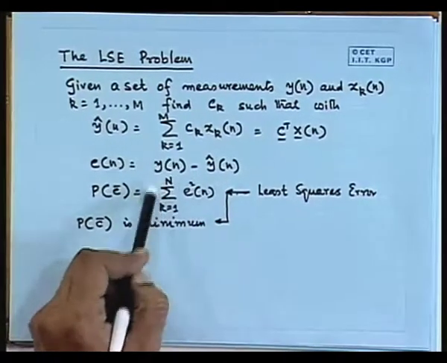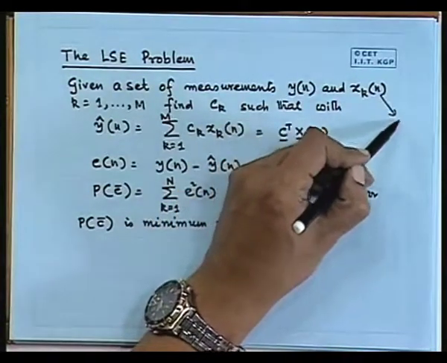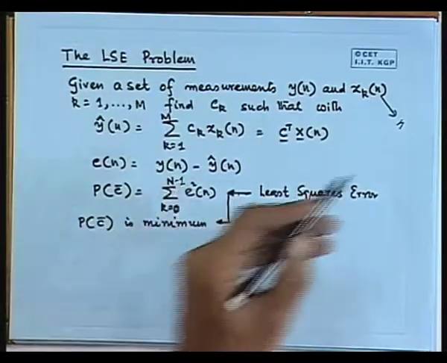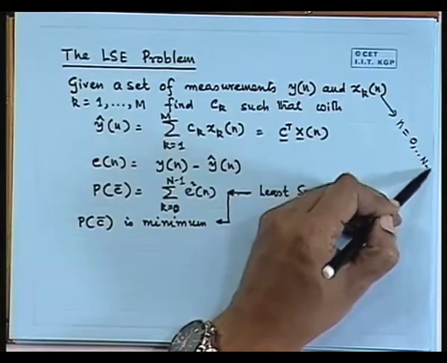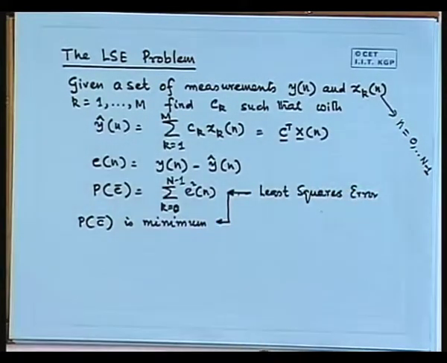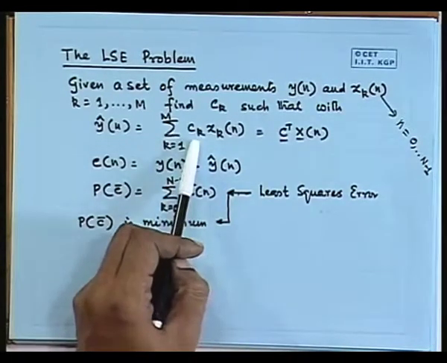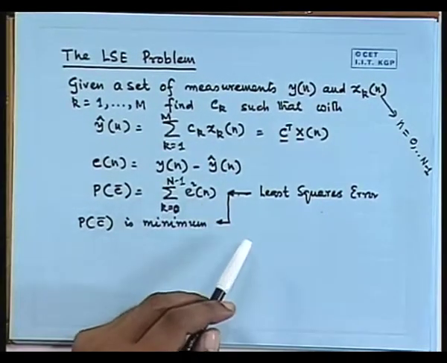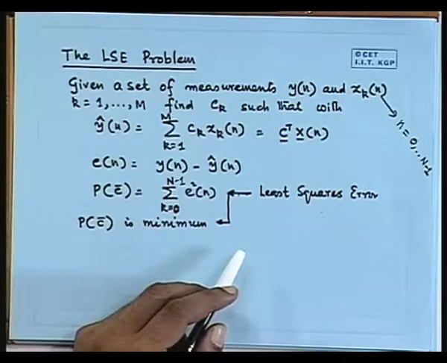the sum of these errors over n, where n varies between 0 and N minus 1, becomes minimum. So find those ck's such that this sum becomes minimum. What is the difference with the minimum mean square error problem?